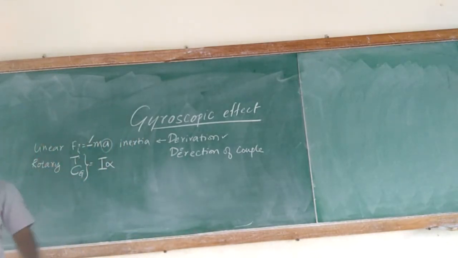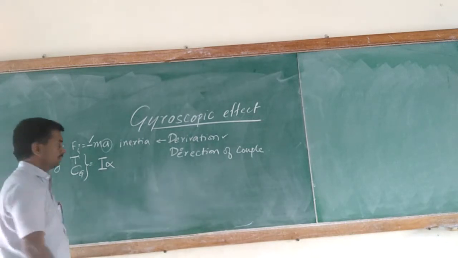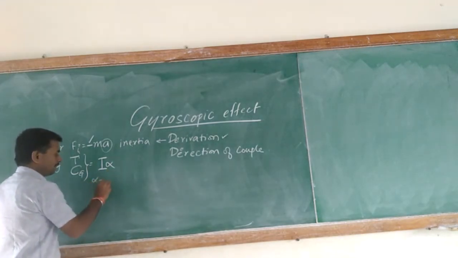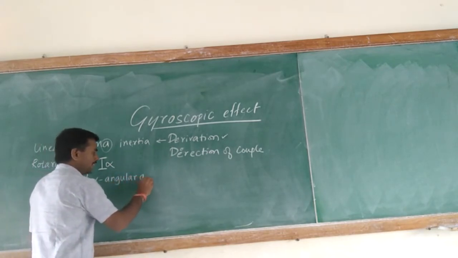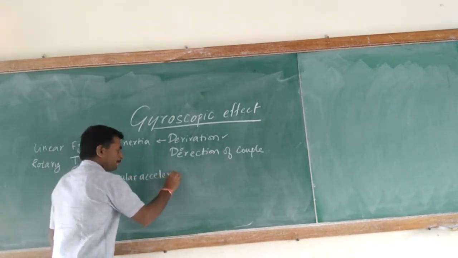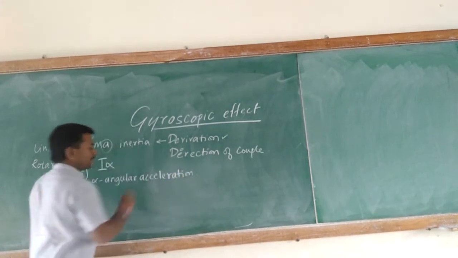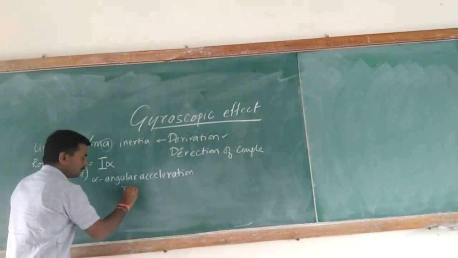Alpha is scalar or vector? What is alpha? Angular acceleration. Alpha is angular acceleration. Its unit?